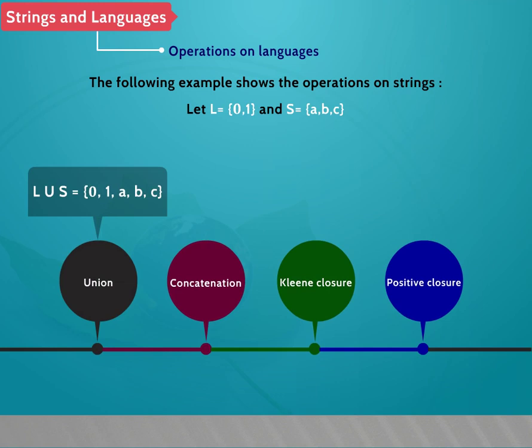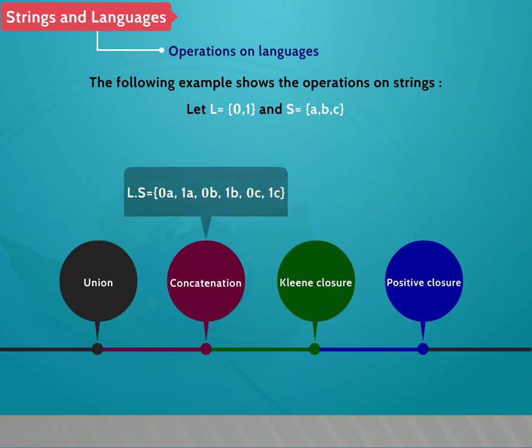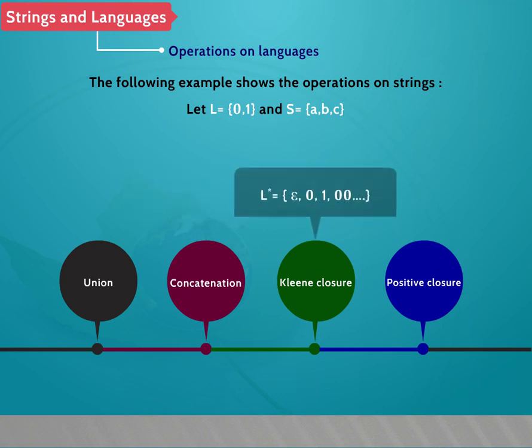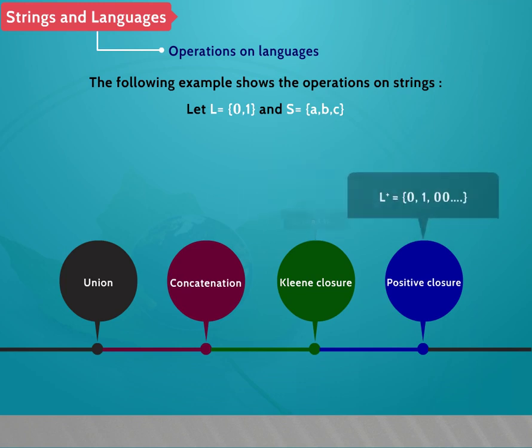Union: L ∪ S = {0, 1, A, B, C}. Concatenation: L.S = {0A, 1A, 0B, 1B, 0C, 1C}. Kleene closure: L* = {epsilon, 0, 1, 00, ...} and it goes on. Positive closure: L+ = {0, 1, 00, ...} and it goes on.